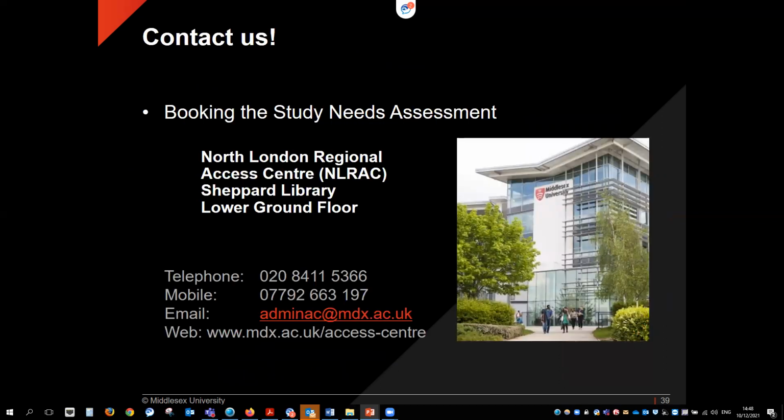And just to give you our contact details, we are based in Middlesex University. We are part of Middlesex University, North London Regional Access Centre. And we are based in Shepherd Library on the lower ground floor of the cafe.